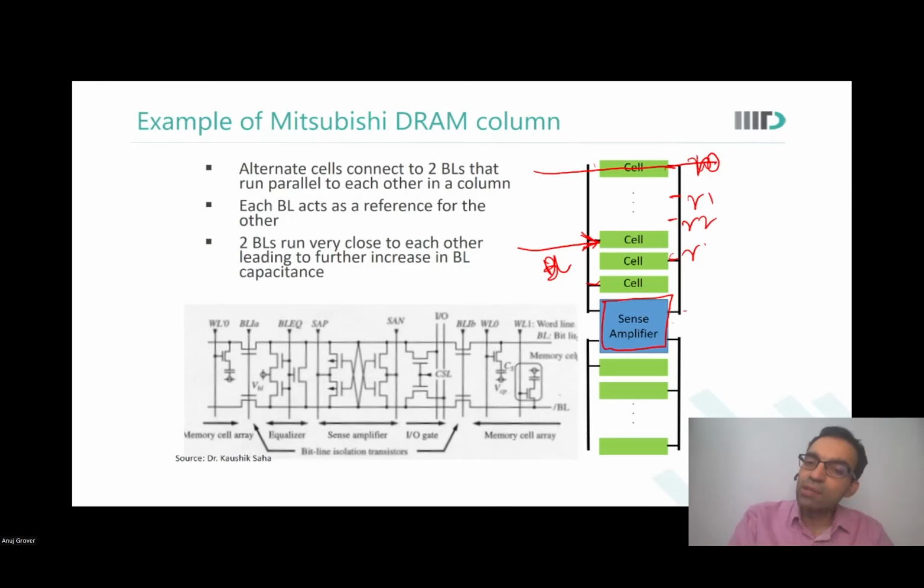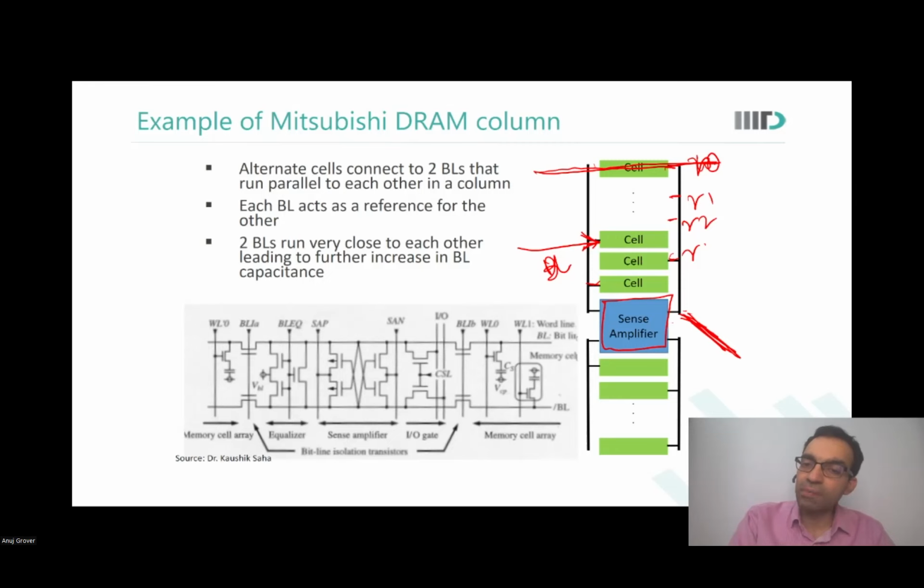It means this side would discharge if there was a 0 stored here. The problem is if this does not have... we'll come to that later. The thing is that you access one row and the remaining rows act as the reference.